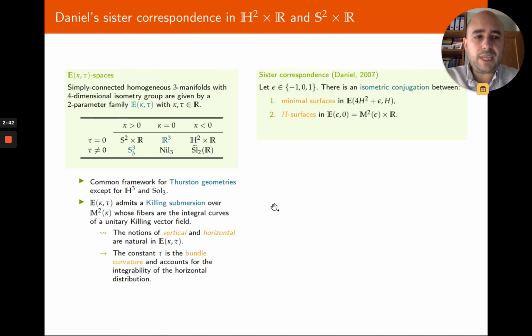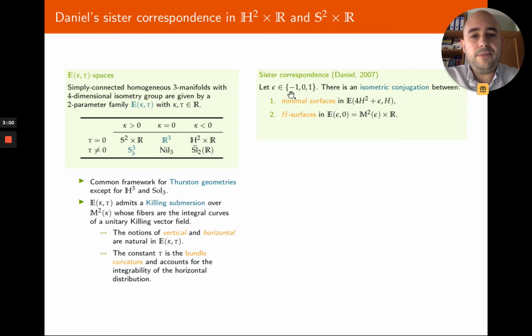So, in this setting, Benoît Daniel in 2007 revealed the existence of a sister correspondence that extends Lawson's correspondence. In this case, I'm going to focus on the case of a conjugation.